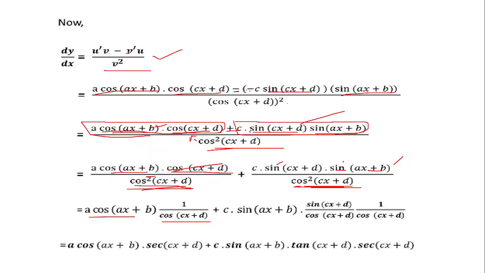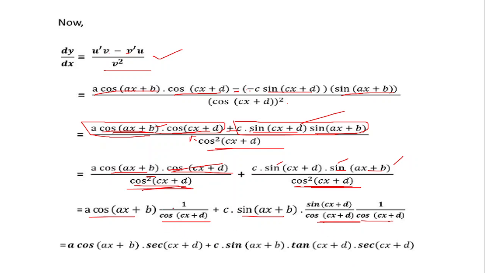Here in the numerator both the terms are sine, so I can write this as c into sine of ax plus b as it is, sine of cx plus d the same way, and instead of writing square I have separated two terms, cos of cx plus d into cos of cx plus d. Now I will tell you why I did this.